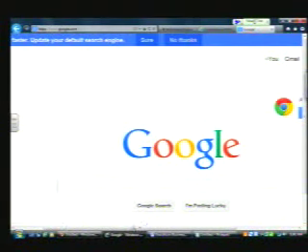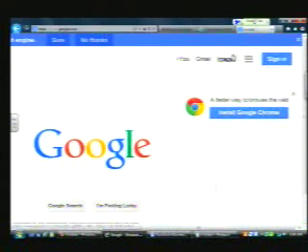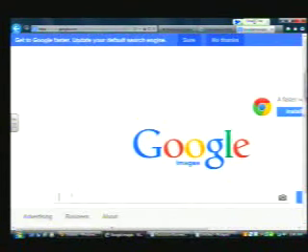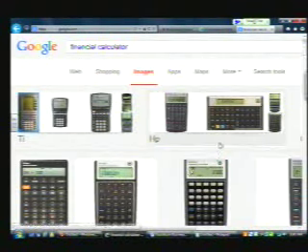Let's go to Google Images, and let's bring up a picture of a financial calculator. So when I took my 6 graduate courses in finance at K-State, I probably can find the exact calculator that I had.